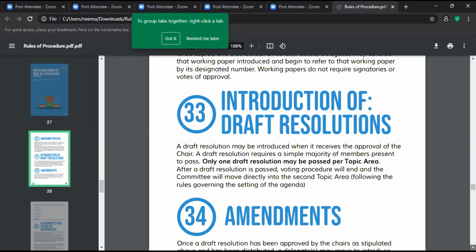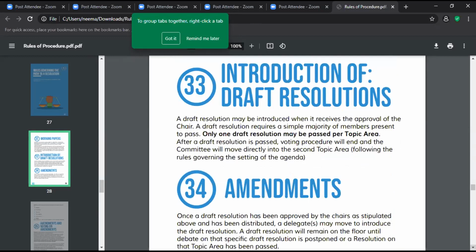Next is the introduction of a draft resolution. A draft resolution may be introduced when it receives the approval of the chair. It requires a simple majority of members present, that is 2/3 of the members present, for it to be passed.